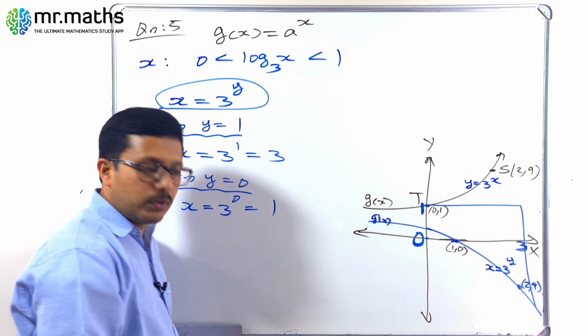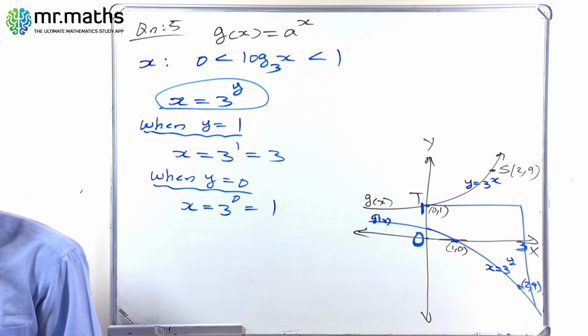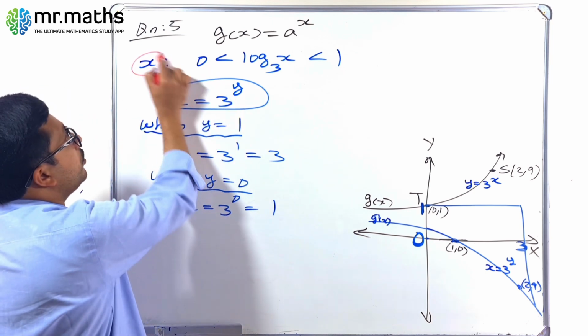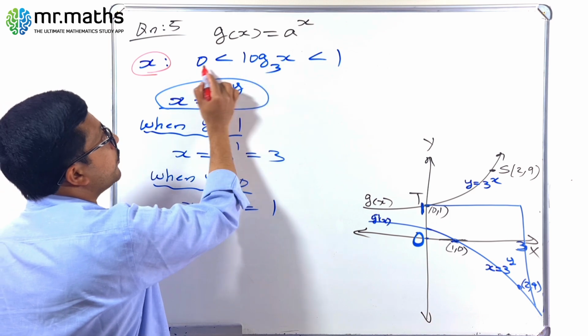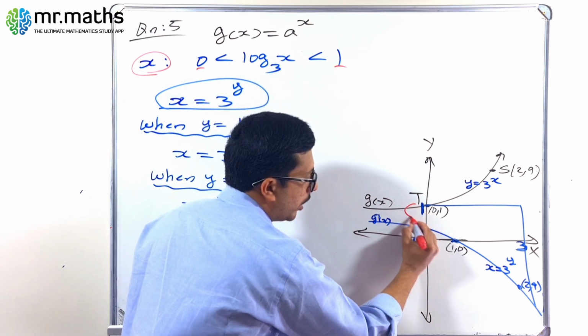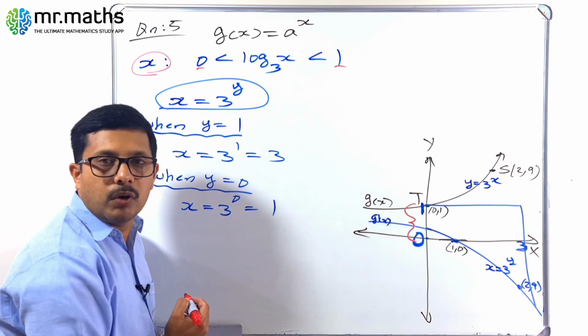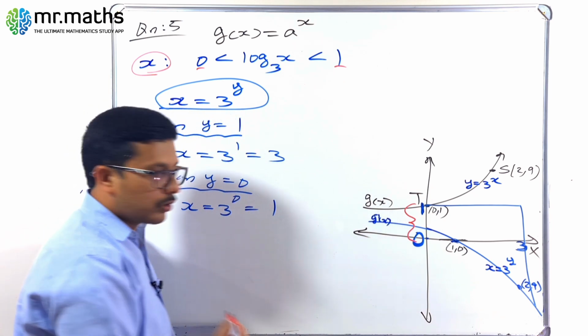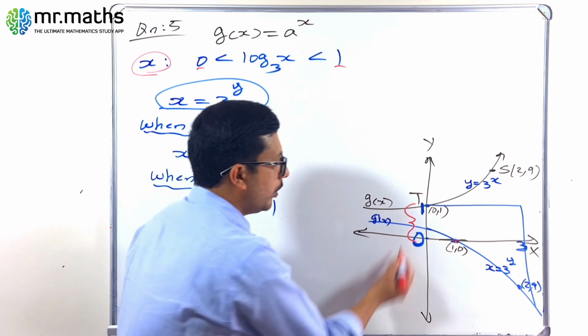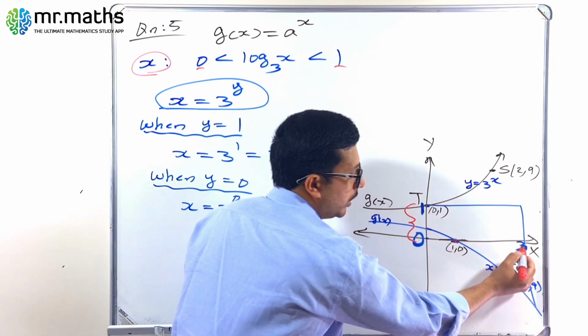Now listen very carefully. What is the question? What is the x value when y is between 0 and 1? When y is 0, the x value is 1. When y is 1, the x value is 3.